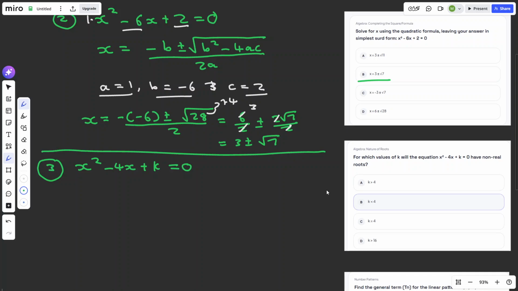So the way to do that is to use the discriminant. It's defined as b squared minus 4ac.